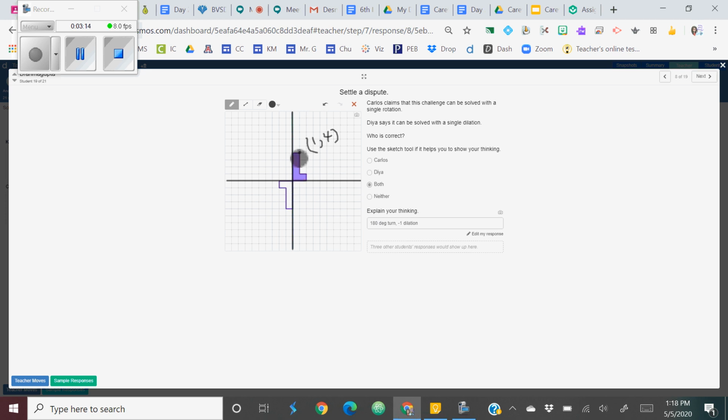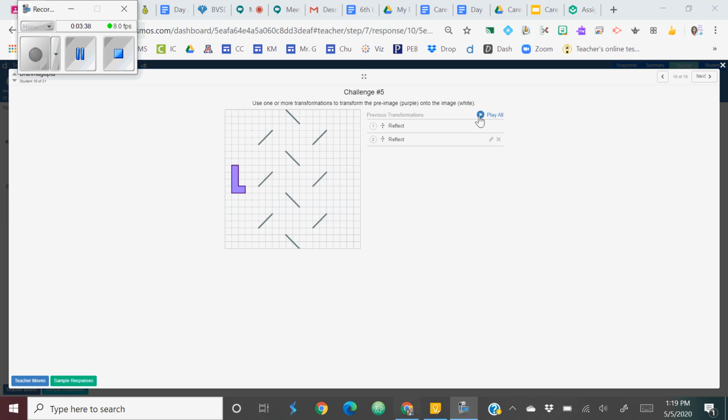But if you had a -1 dilation, it would take each point, like the coordinate 1, 4, and make it opposite. So you'd have this coordinate down here, -1, -4. And so they're both correct because you can do it with a dilation of -1, which is essentially a 180-degree rotation.